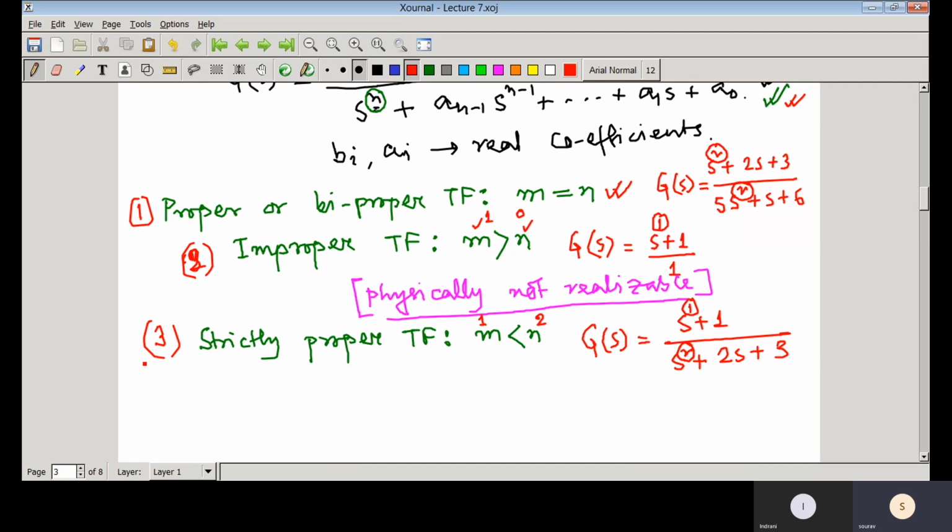So then let us see what is the characteristic equation and what is the degree or order of the system.